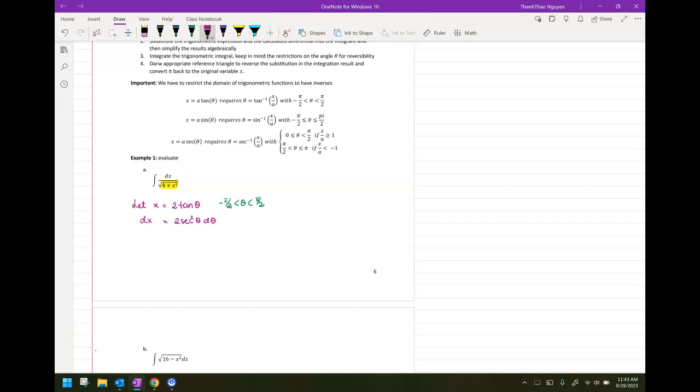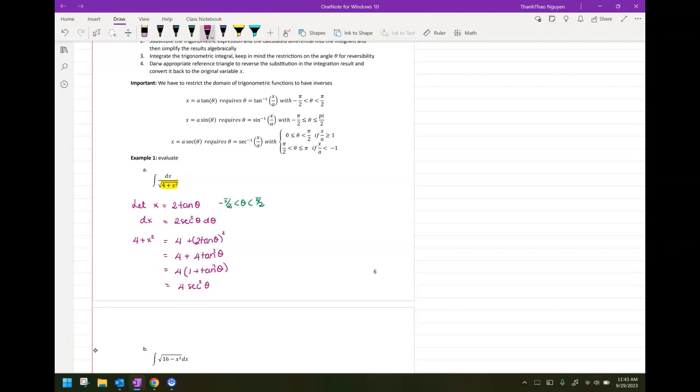Now that we have the differential, we go ahead and calculate what happens when we have 4 plus x squared. Well, 4 plus x squared is 4 plus 2 tangent of theta squared. That is 4 plus 4 tangent squared of theta. Factor out the 4: 4 times 1 plus tangent squared of theta. So now we have 4 secant squared of theta.